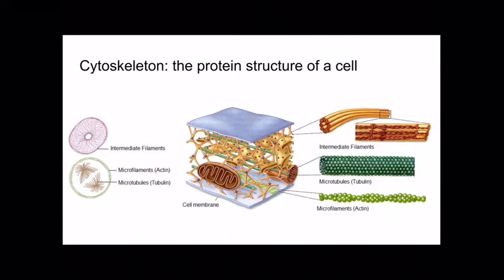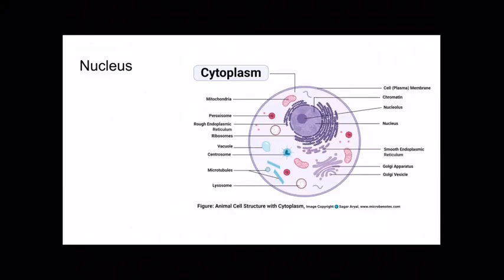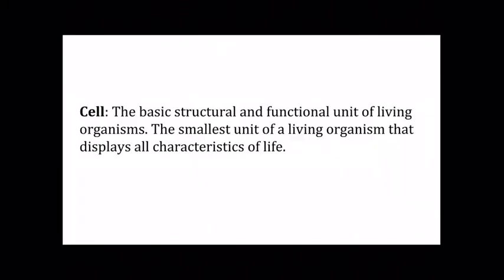So what do microfilaments do? They're the smallest of the 3 types of the cytoskeletal proteins, and they're located just inside the cell membrane. So they support the cell membrane. Let me go back to that diagram in the cell and see if we can see it here.